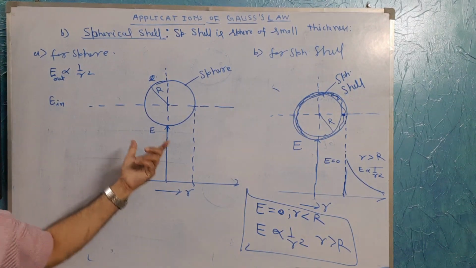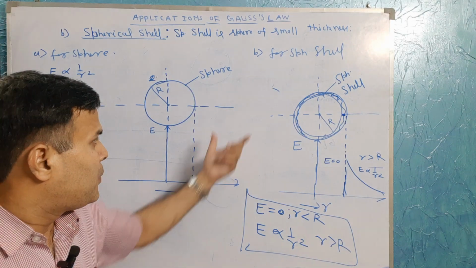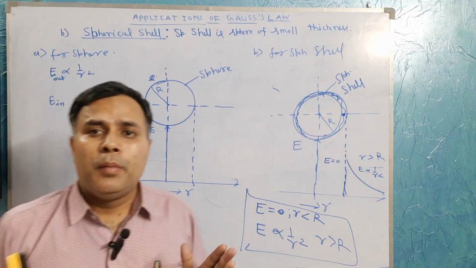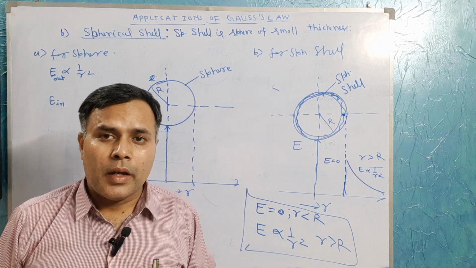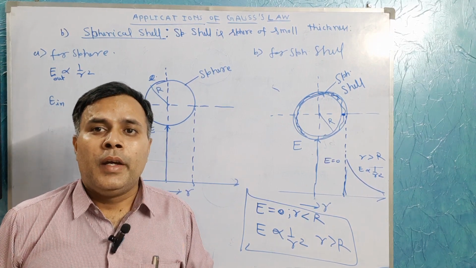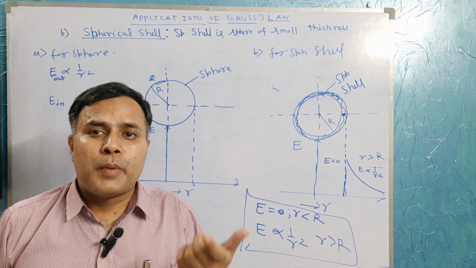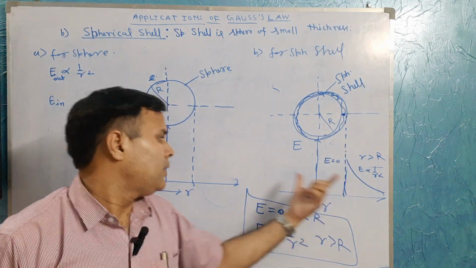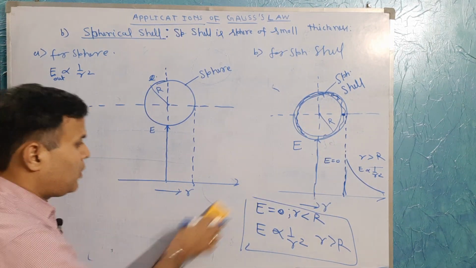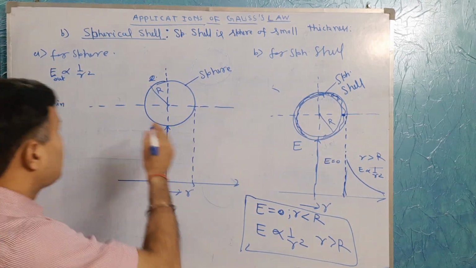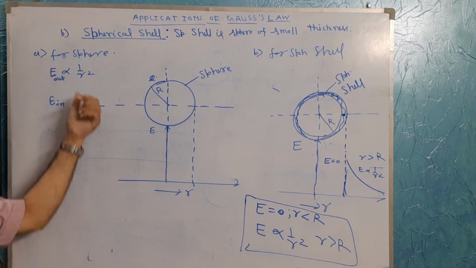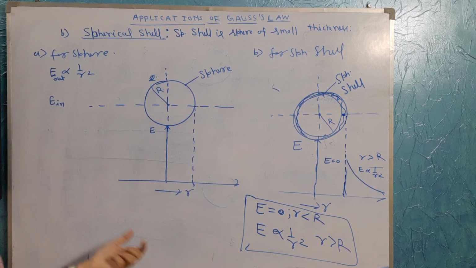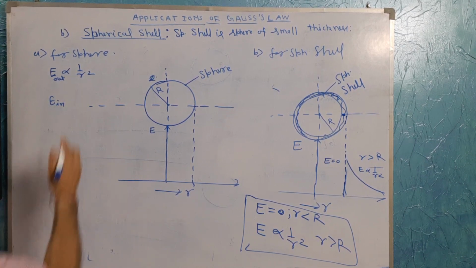So let us analyze the graphical representation of these two different cases: a uniformly charged solid sphere, and a uniformly charged spherical cell. Let us compare the profile of electric field in the two situations. For case A, a uniformly charged solid sphere of radius R and charge Q, we have already found the electric field profile.